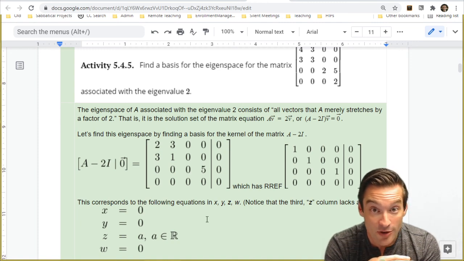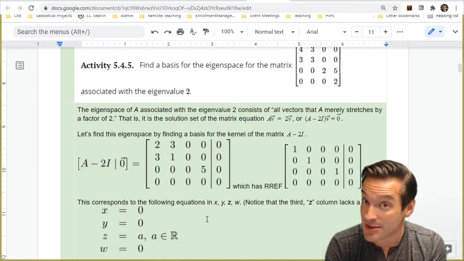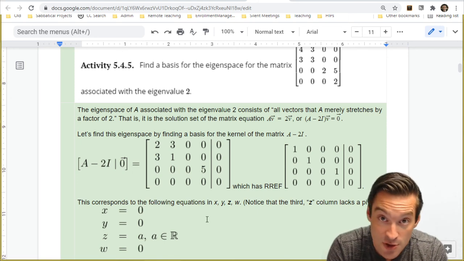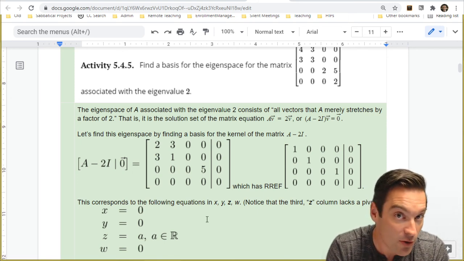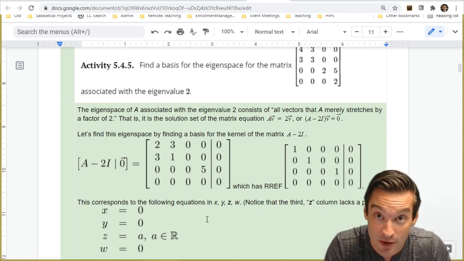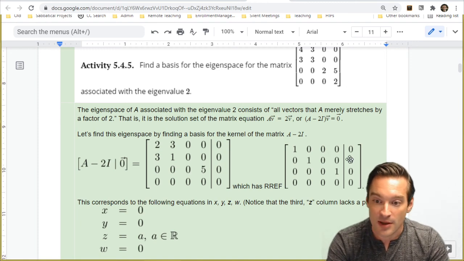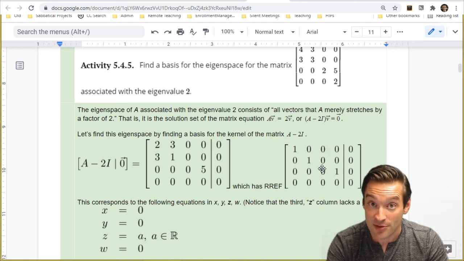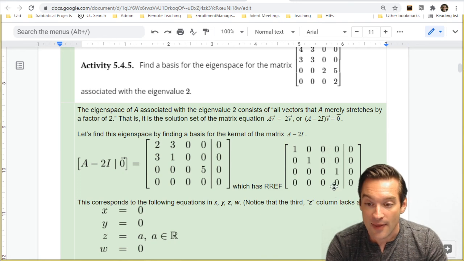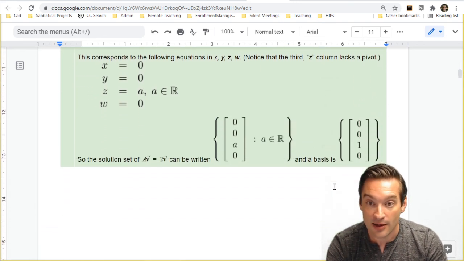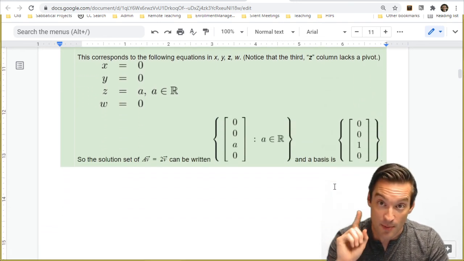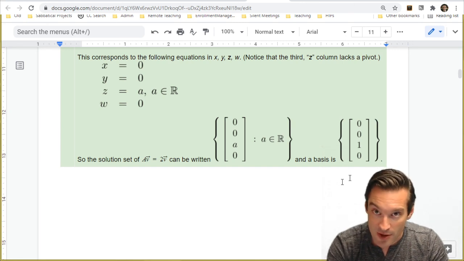We need at least one free variable. Otherwise, the only solution to our eigenvector-eigenvalue equation would have been the 0 vector, and we never want the 0 vector to be an eigenvector. So we want there to be at least one free variable in this process. In this example, it was z. And then by using our usual process of finding the basis for the solution space, we find a basis for the eigenspace associated with each of these eigenvalues.